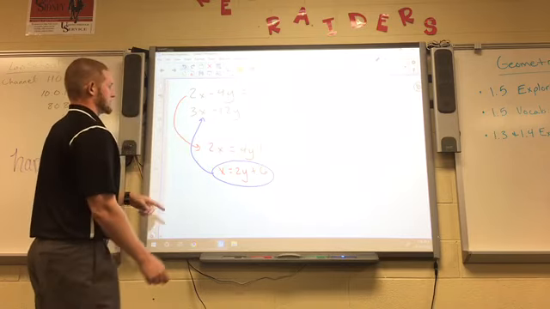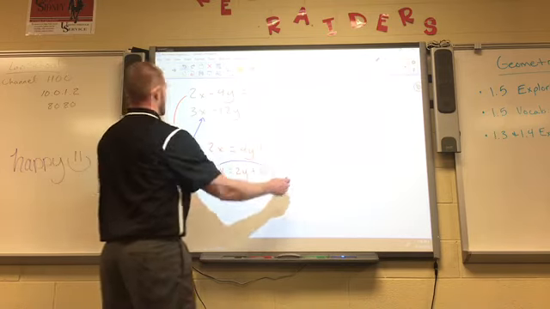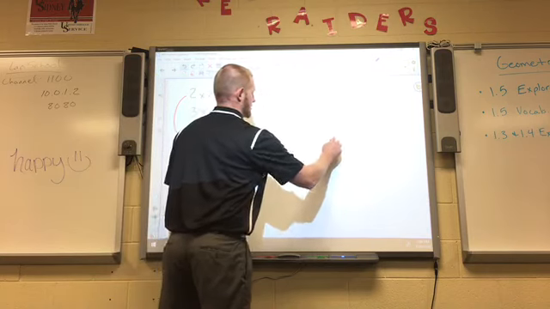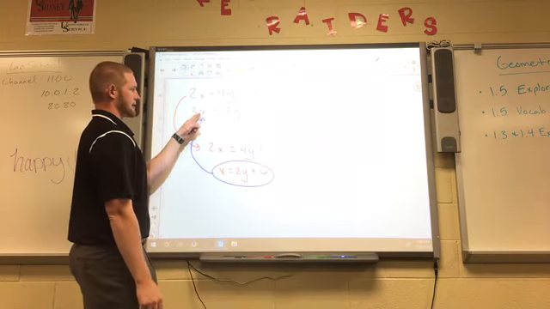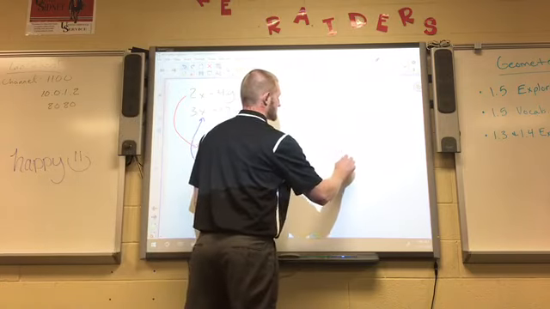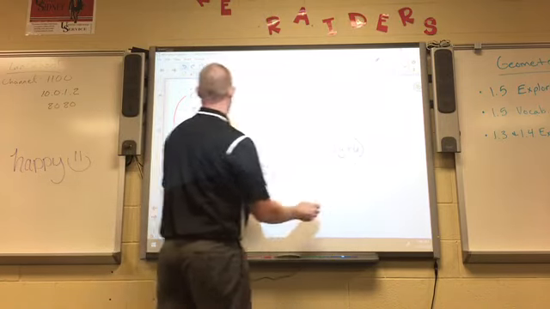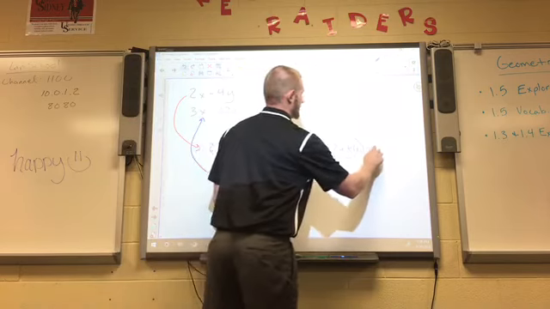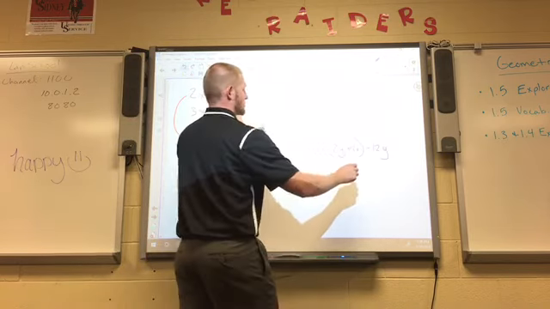So I take this, and I'll do this off to the side: I have 3 times, but instead of x, I have 2y plus 6. And then I have minus 12y equals 24.